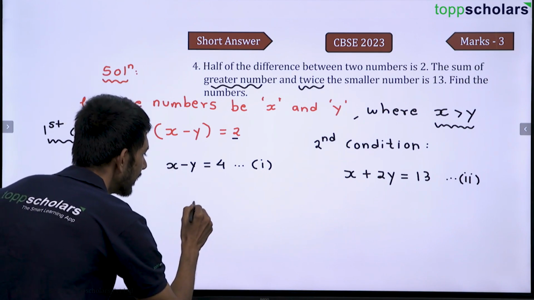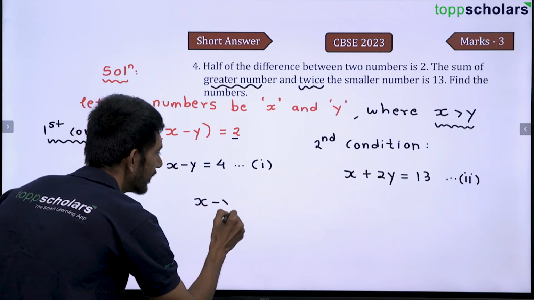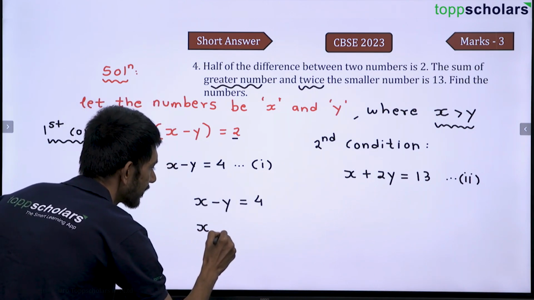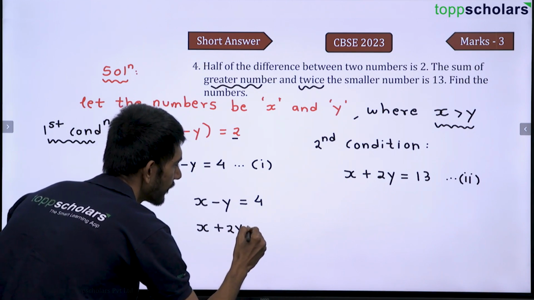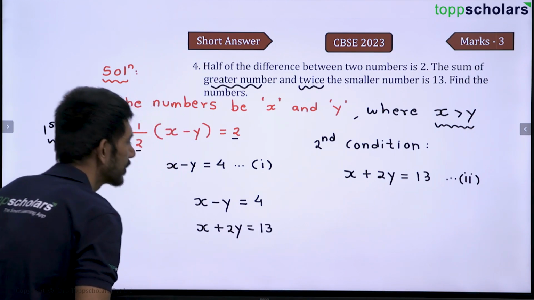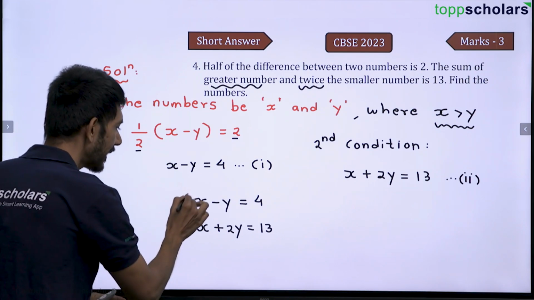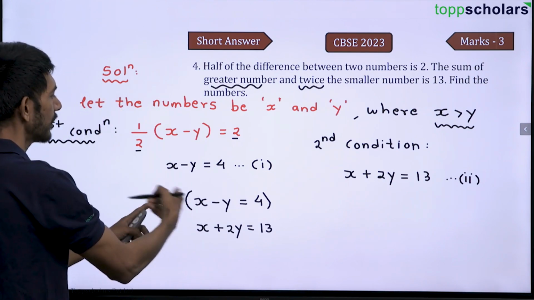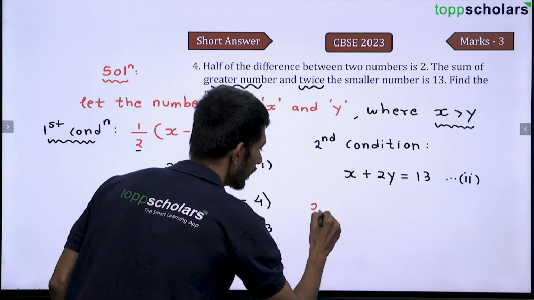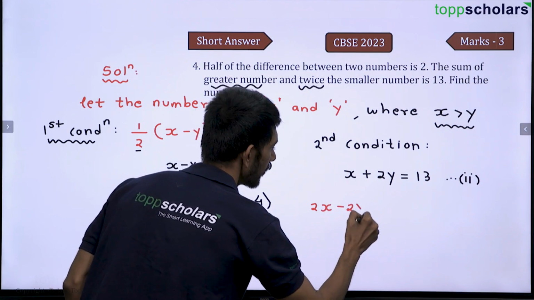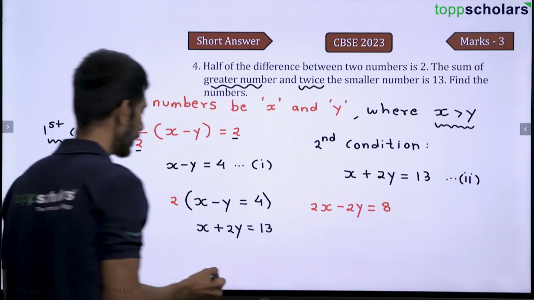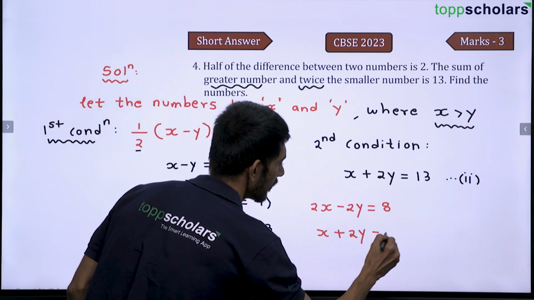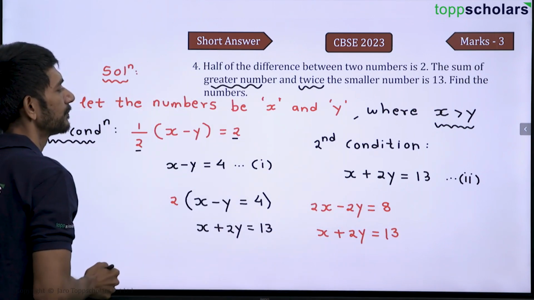So what do I have? I have x minus y is equal to 4. I have x plus 2y is equal to 13, right? Now if I multiply this equation by 2, I get 2x minus 2y is equal to 8, and this becomes x plus 2y is equal to 13.